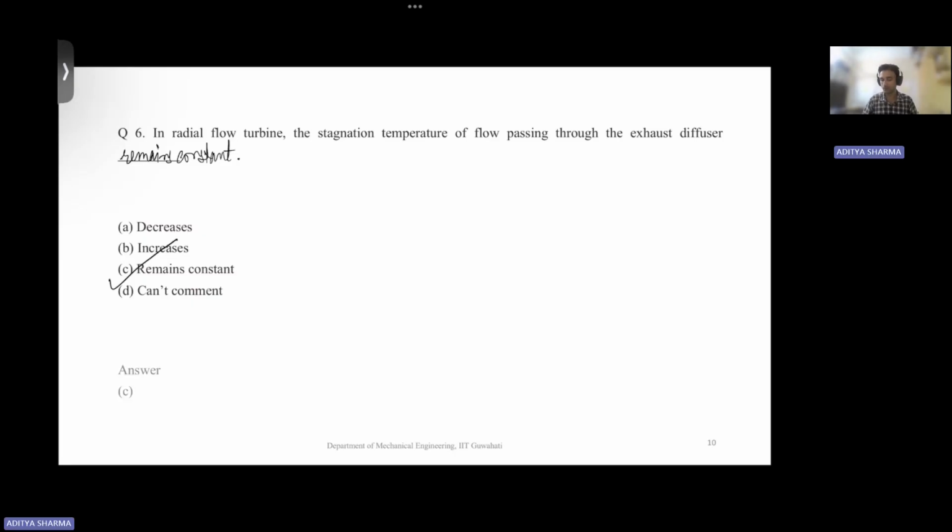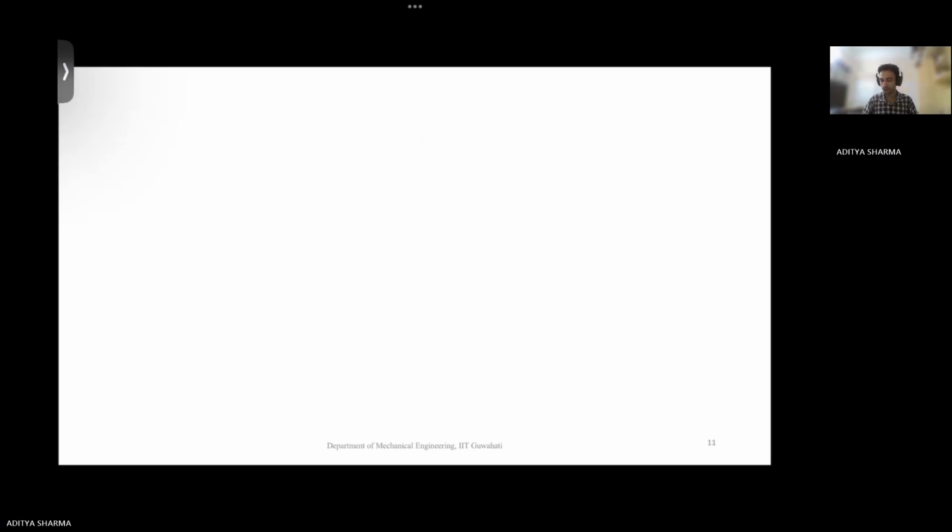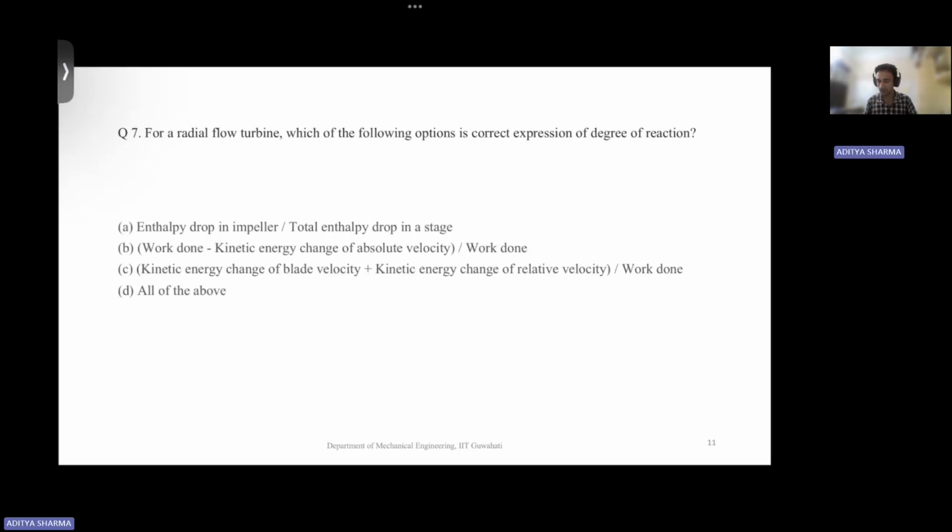That's question number 6. Then moving on to question number 7. For a radial flow turbine, which of the following options is the correct expression of degree of reaction? So enthalpy drop in impeller to total enthalpy drop. So this is right. Okay. The enthalpy drop in your impeller. Enthalpy is dropping in your nozzle ring also. But with respect to the total enthalpy drop in the stage, the enthalpy drop in impeller.